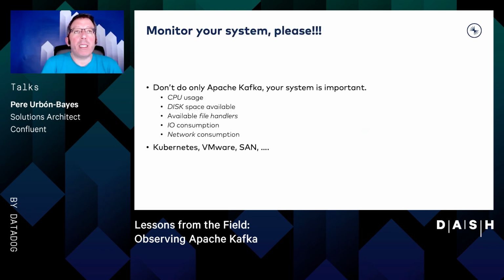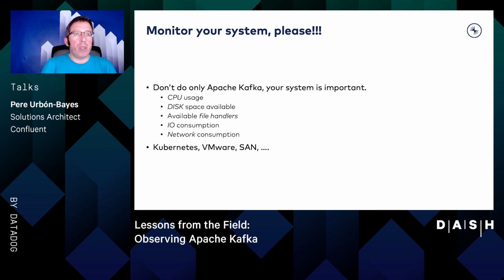Last but not least, we said system is very important, so please monitor your system, please, please. And for this, you need to monitor CPU usage, disk availability, and file handlers. The easiest way to shoot down your broker is to consume all the available file handlers of your servers. And nowadays, we only run one broker per machine, so not a problem.